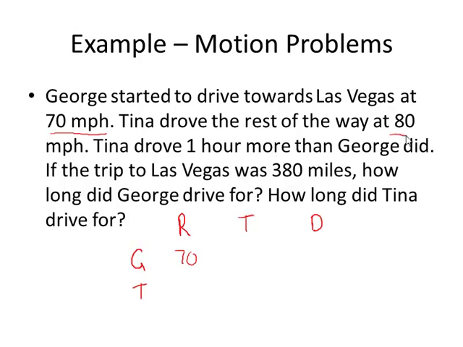Tina drove at 80 miles per hour, so that is her rate. Now, we don't know the time, but we do know that Tina drove 1 hour more than George did. So whatever George's time is, and I'm going to use t for time, Tina's time was 1 more than that, t plus 1.